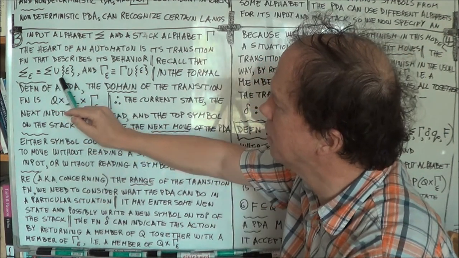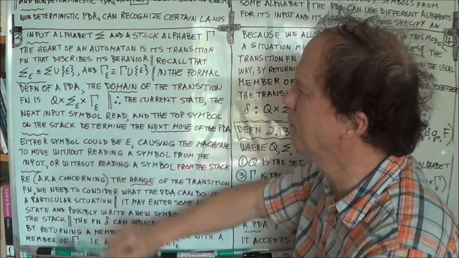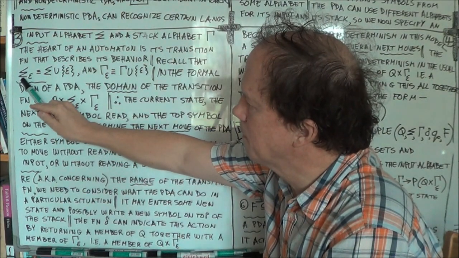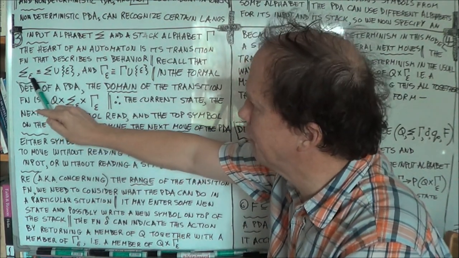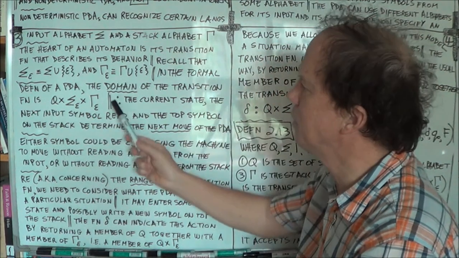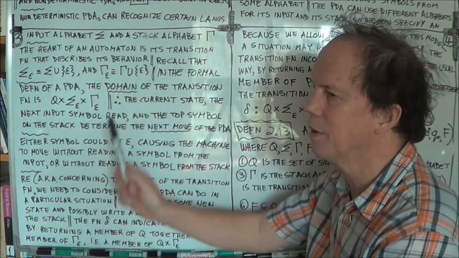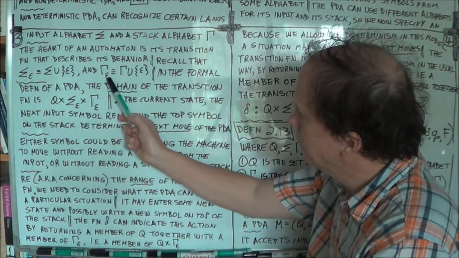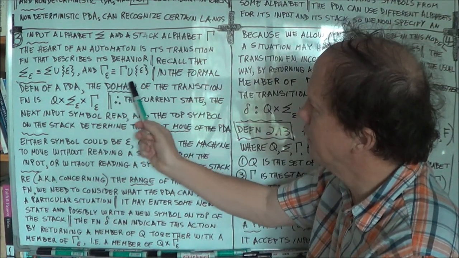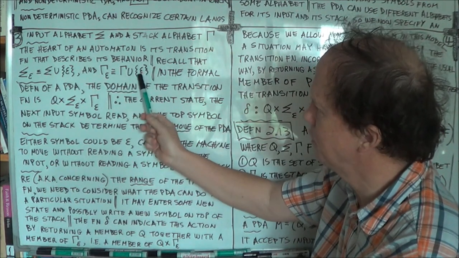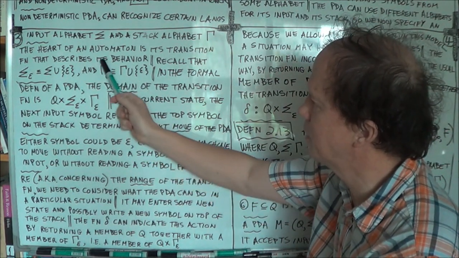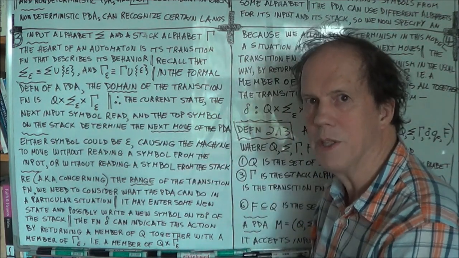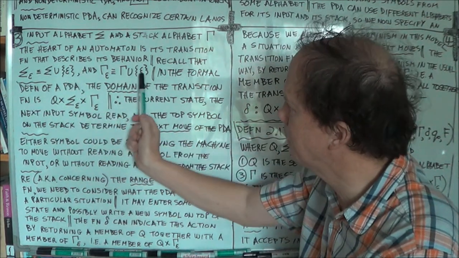You union it with the set containing the empty string, and you write that as capital Sigma suffix epsilon. You do something similar with the stack alphabet, so capital Gamma suffix epsilon. Similar definition, so both of these alphabets will include the empty string, epsilon.